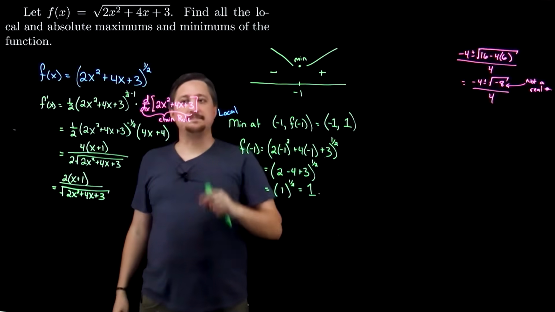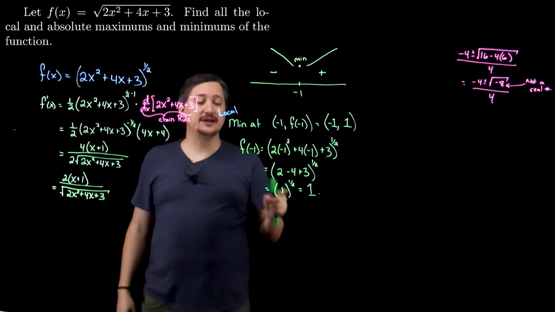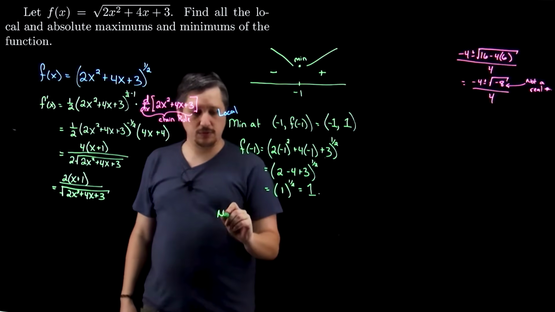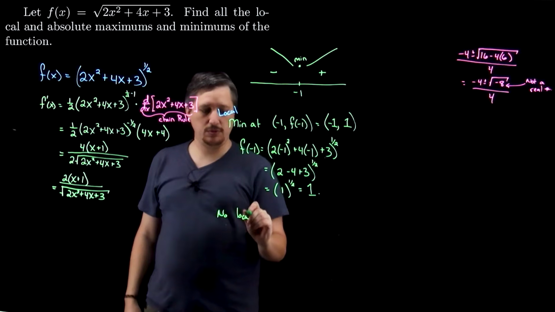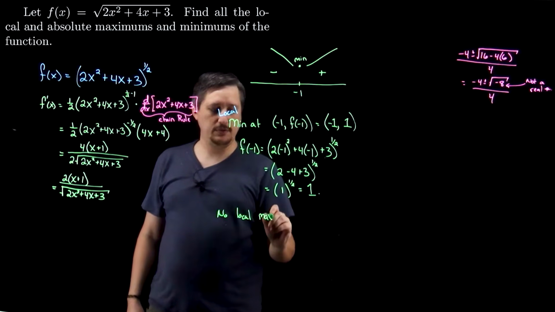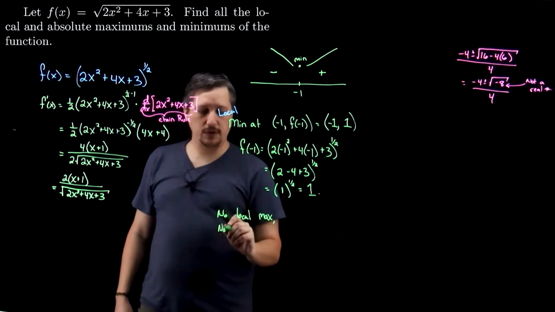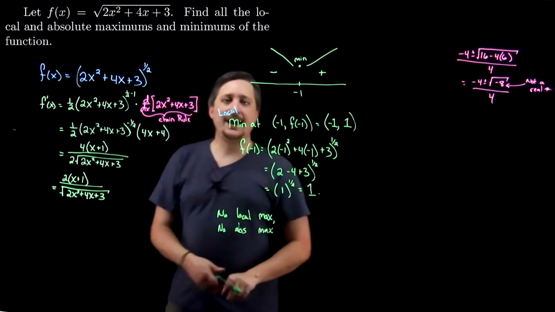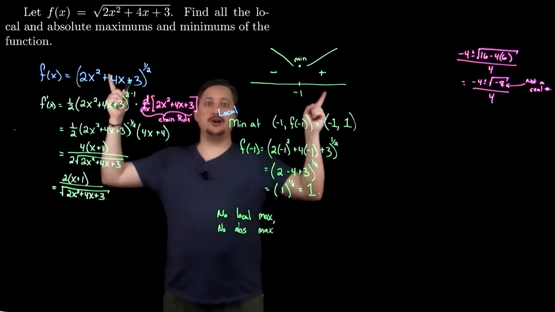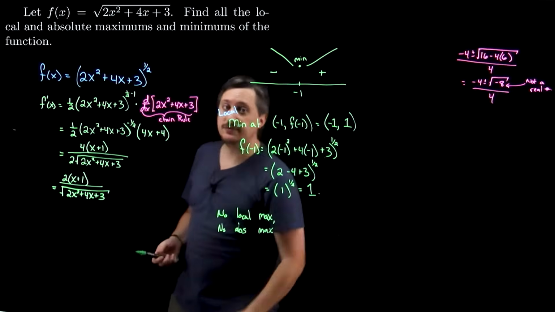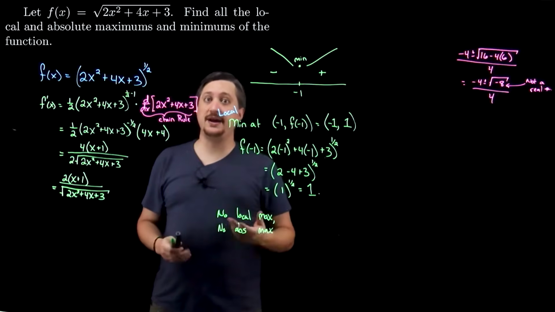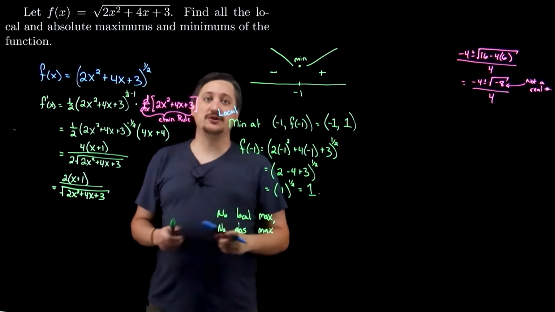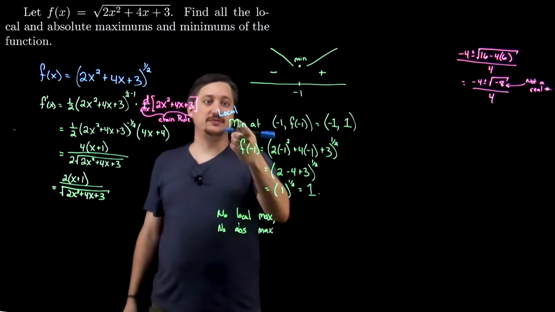So I have a local min, I have no local max, I have no absolute max, and because the thing goes up, up, and away in both directions, I know I have an absolute min, and the only place that could possibly occur, since there's no domain restriction, is here.